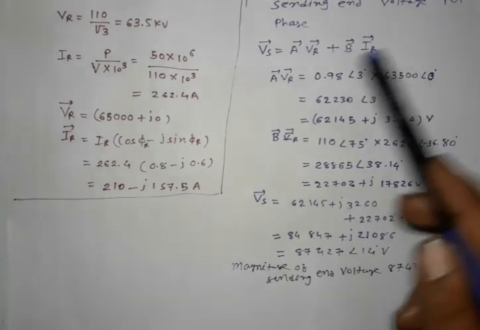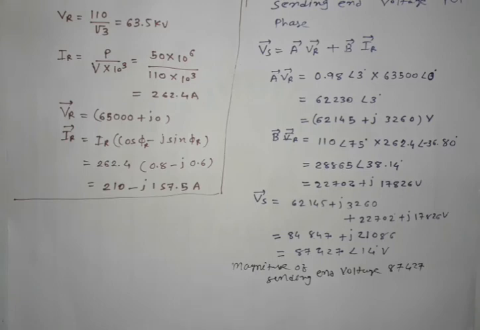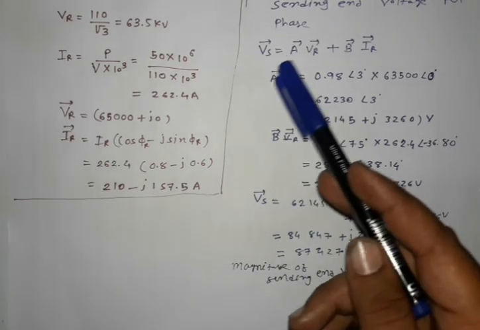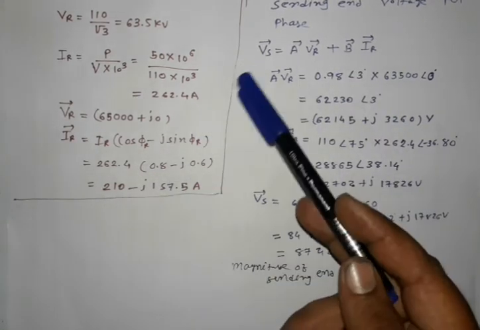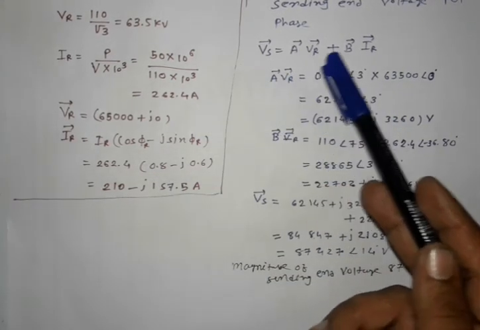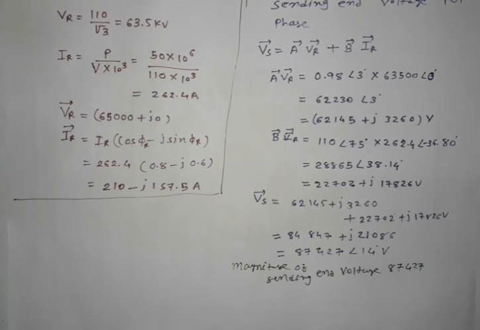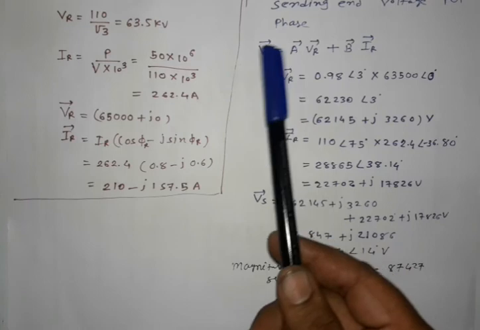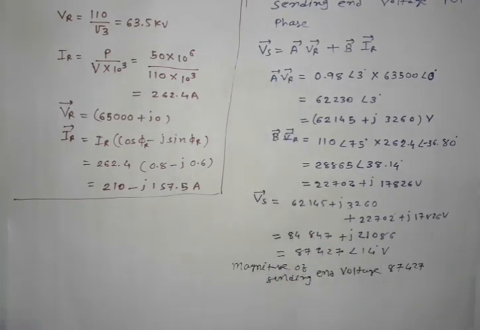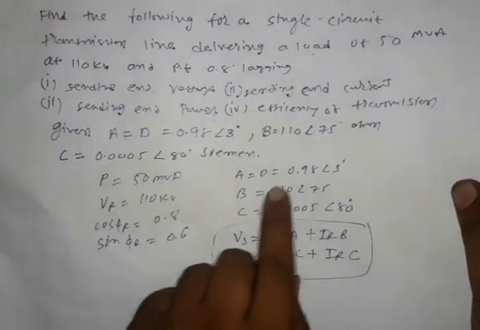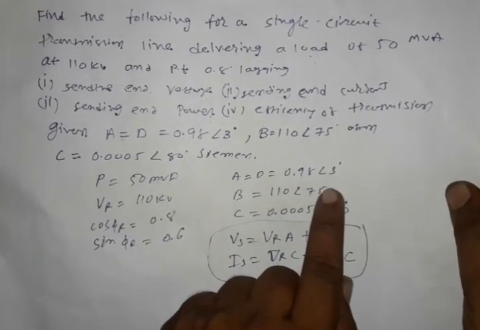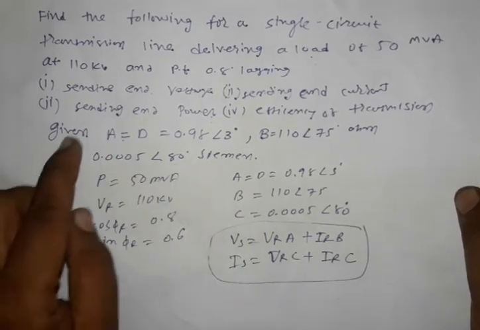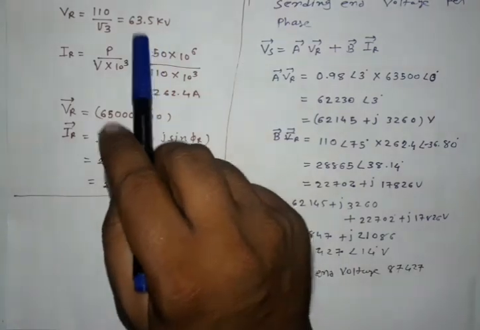Now the sending end voltage per phase. For the generalized equation, Vs is equal to A VR plus B IR. First we find A VR and then B IR, then find the sending end voltage. First A VR. The value of A given in our data is 0.98 angle 3, and VR is 110 kilovolt, which gives 63.5 kilovolt phase value.